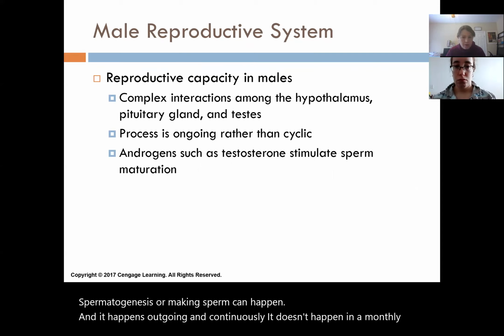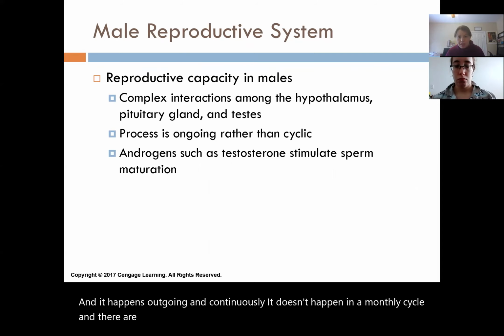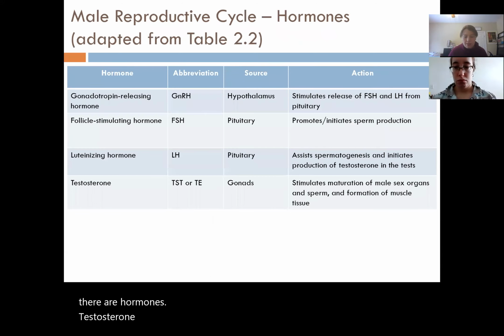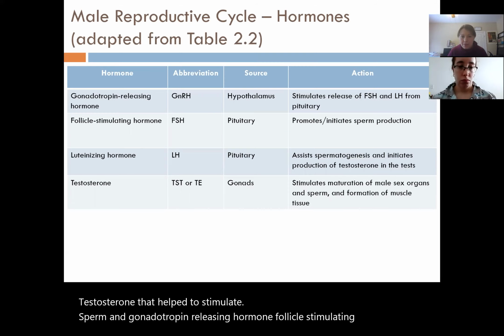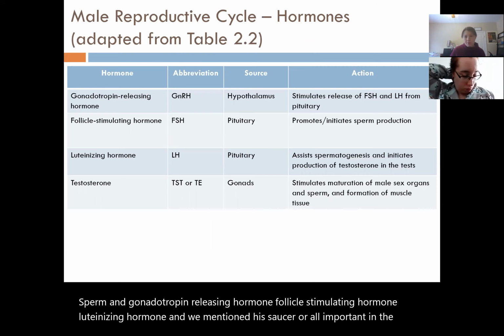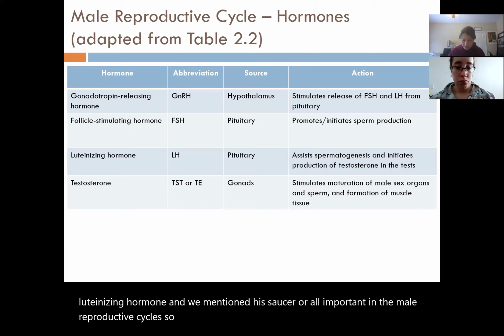And there are hormones, including testosterone, that help to stimulate sperm, and gonadotropin releasing hormone, follicle stimulating hormone, luteinizing hormone, and we mentioned testosterone, are all important in the male reproductive cycle. So be familiar with those hormones as well.